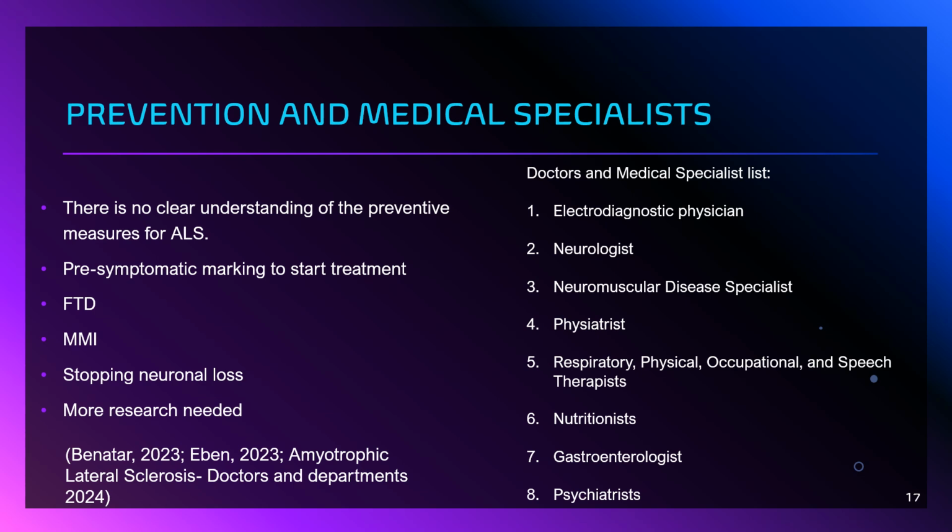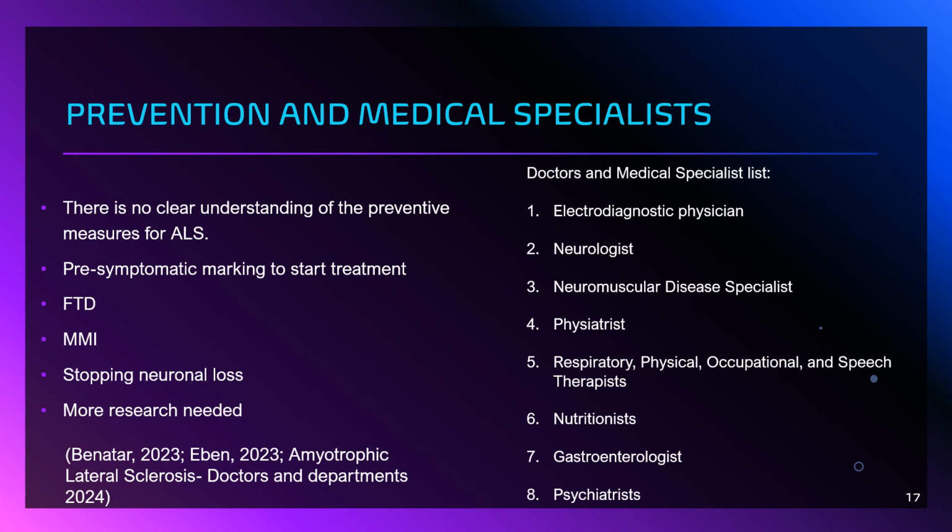You have the neurologists, who diagnose patients because they're the specialists. Neuromuscular disease specialists look at the neuron to muscle outputs and especially the EMG, and they work with the neurologist to figure out what your diagnosis is and try to start your treatment plan.